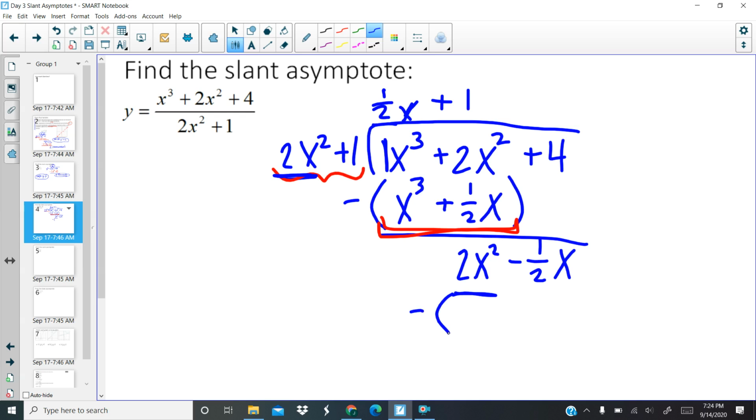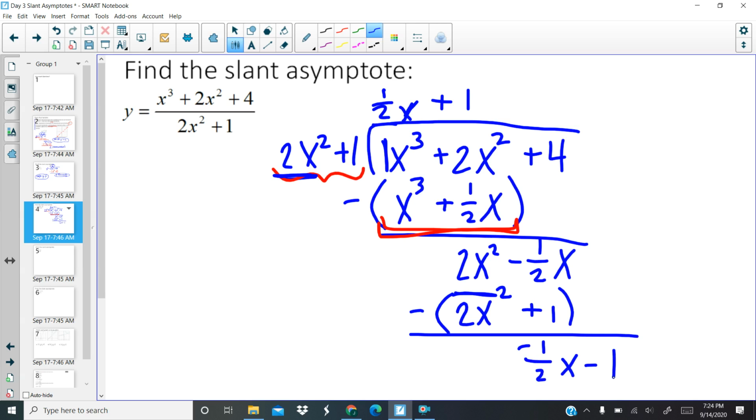So 1 times 2x squared is 2x squared, and 1 times 1 is 1. And so I need to subtract that away. So 2x squared minus 2x squared is going to cancel. And then we have negative 1/2 x minus 1. And so those can't combine, so it's just going to be negative 1/2 x minus 1.